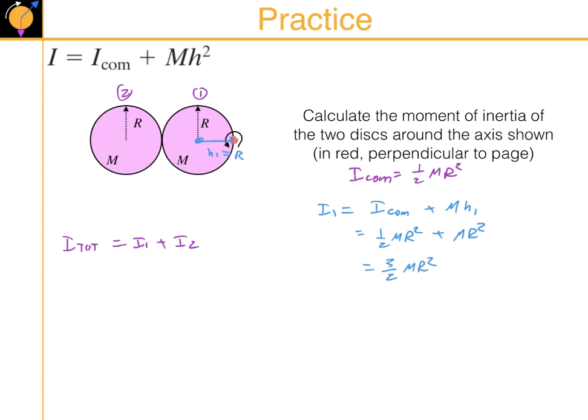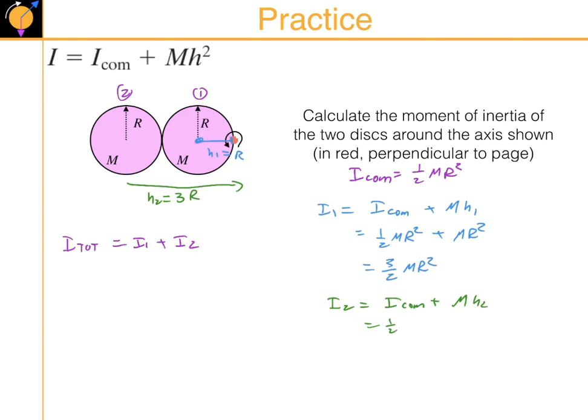Now what about the second cylinder? That's much further away. It's 3r from its center of mass to the axis of rotation, so h2 is 3r. To calculate I2, it will be I center of mass plus its mass times h2 squared.